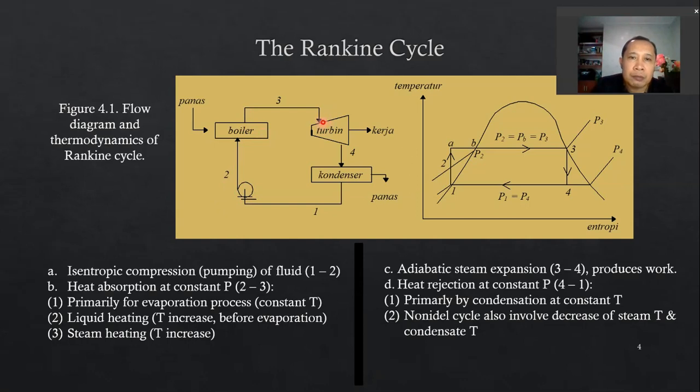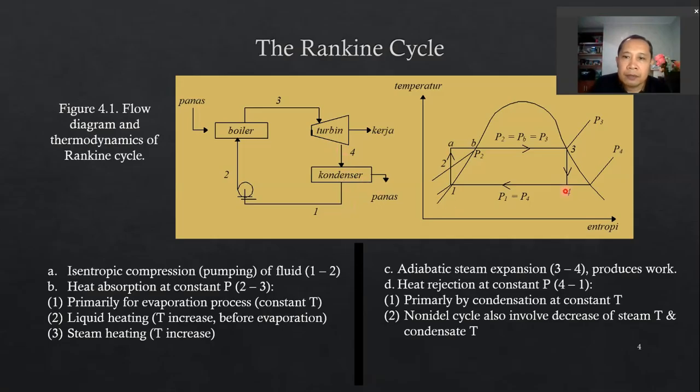So we're introducing the high pressure, high temperature steam to the turbine, and that will drive the turbine, resulting in mechanical work. In point 4, we have a constant pressure condensation of steam into condensate, which is of course accompanied by release of heat into the atmosphere.